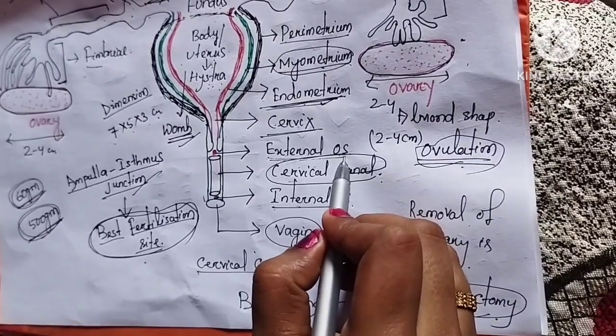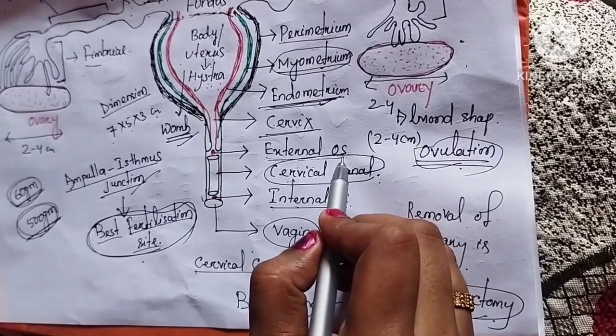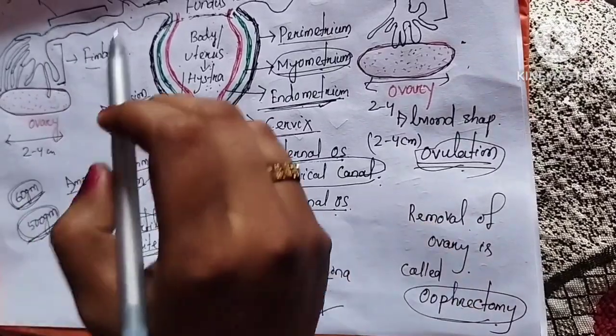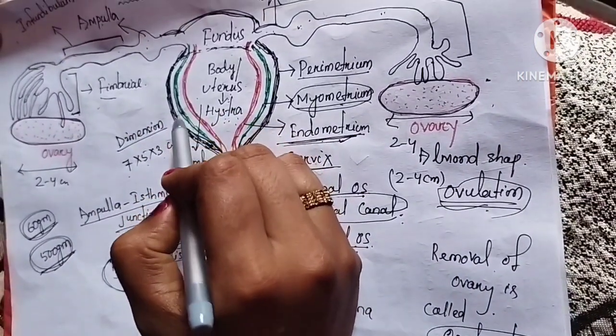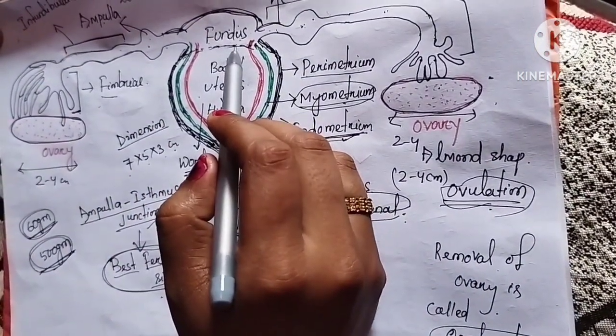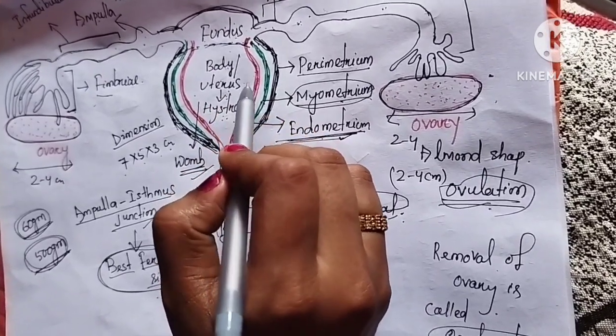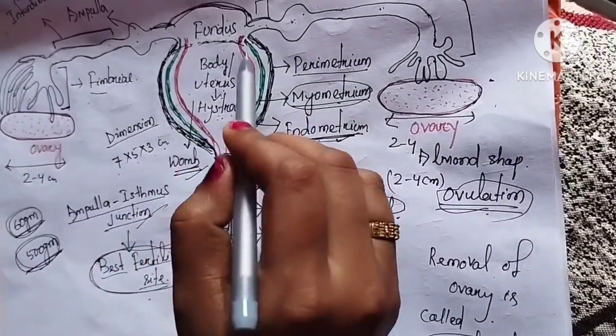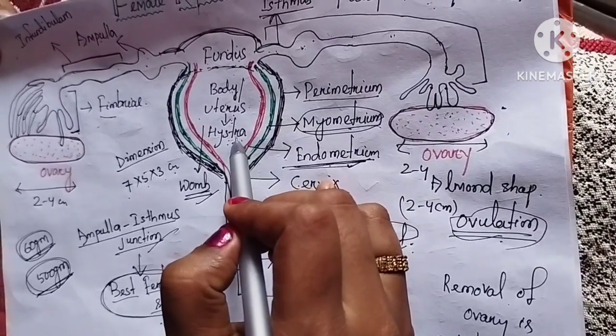The thick mucous lining of the whole uterus is called uterine milk.